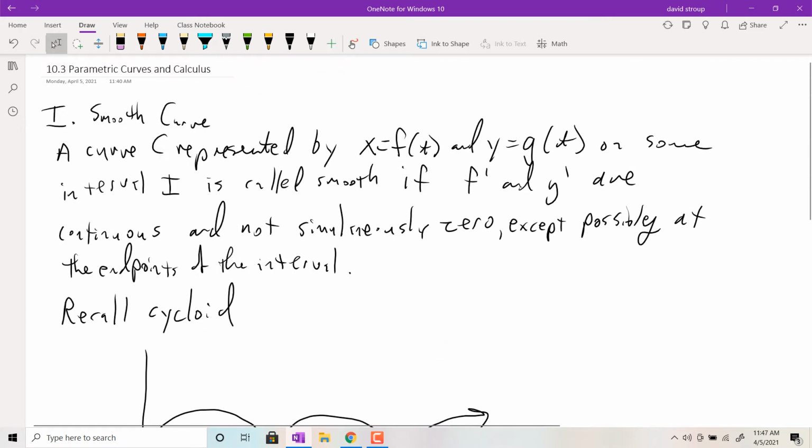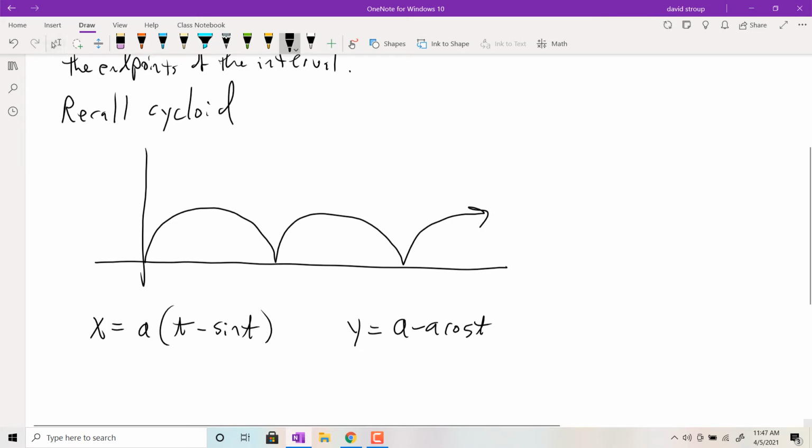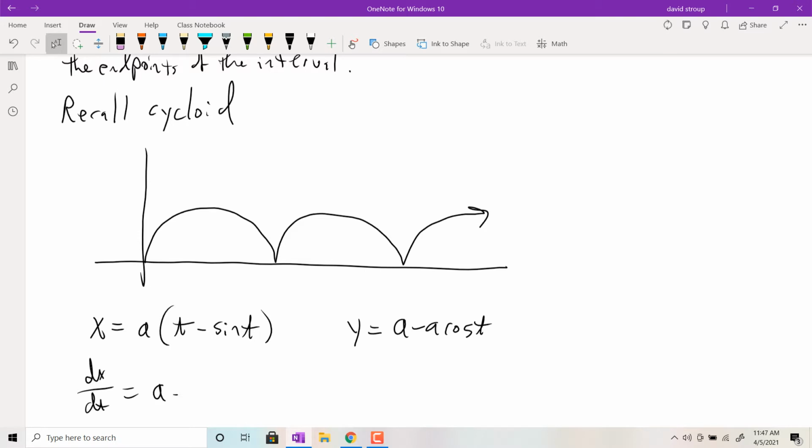So to figure this out, what you do is take the derivatives of the parts. Take the derivative of x with respect to t, and if you distribute and take the derivative, you get a minus a cosine t. Then the derivative of y with respect to t: the derivative of a is 0, the derivative of cosine is negative sine, so you get negative a times negative sine t, so positive a sine t.